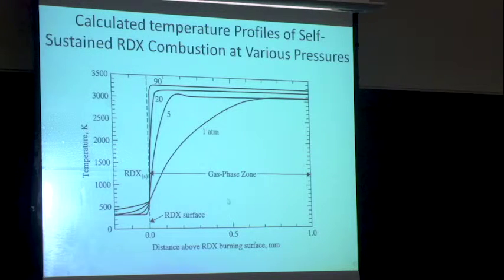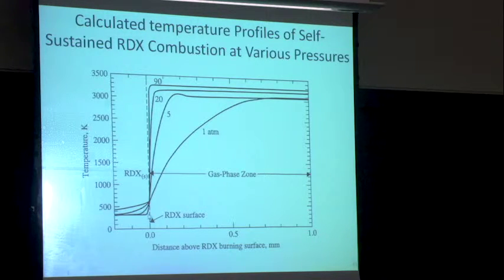If you look at the temperature profile, you can see how the thermal layer in the condensed phase changes with pressure. At very high pressures, you have a very thin thermal wave thickness. As I go to low pressures, that thermal wave thickness gets greater. What that means is, if the thermal wave layer is thick, I have more time for condensed phase chemistry.